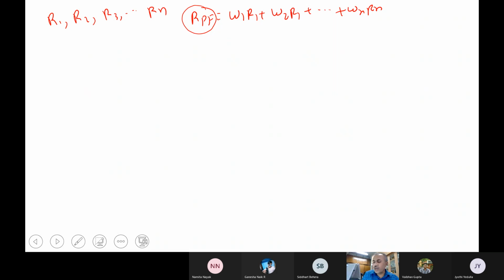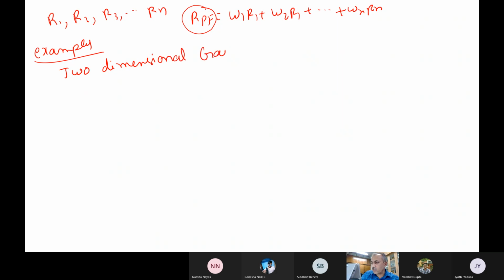Now here also we can have some examples. I gave you the example of a Bernoulli random variable for 2 dimensions. Now you can have the 2-dimensional Gaussian distribution also. These are very special distributions. The density function, if I have 2 random variables, you can write like this.